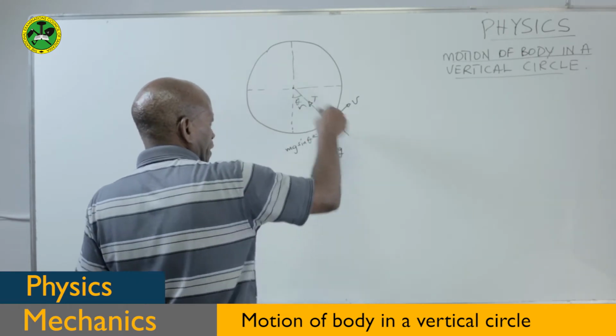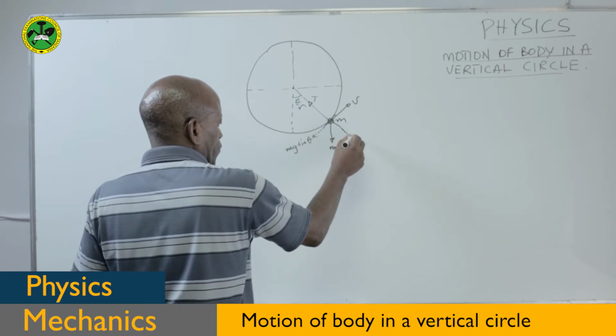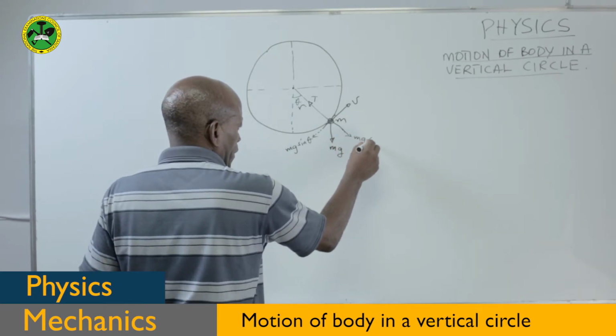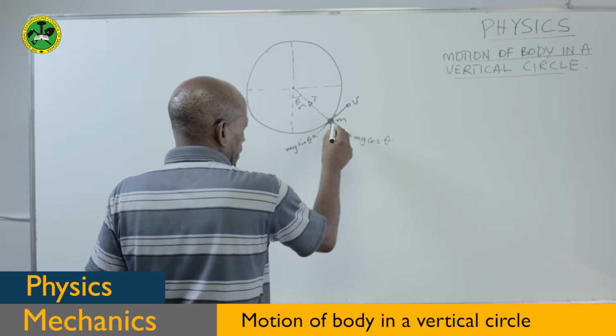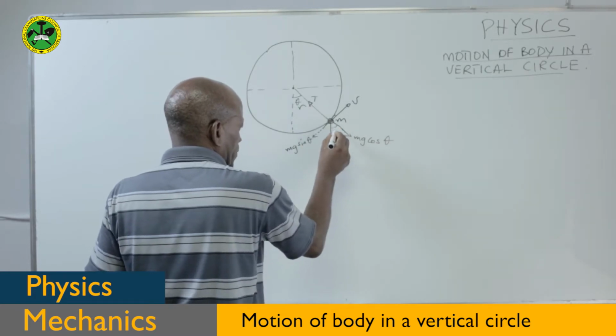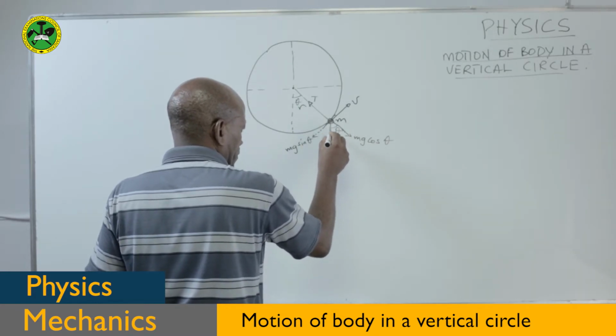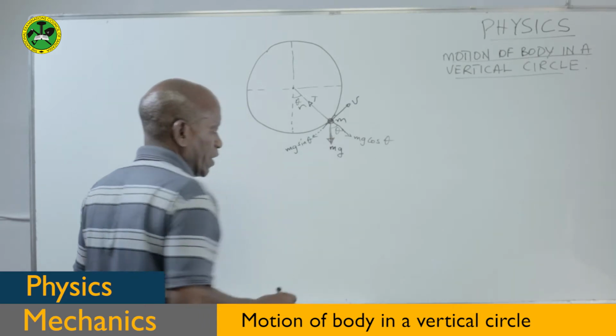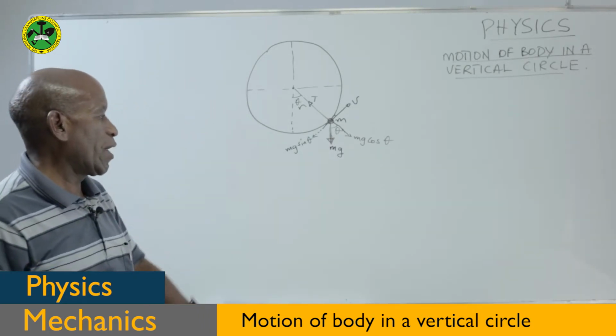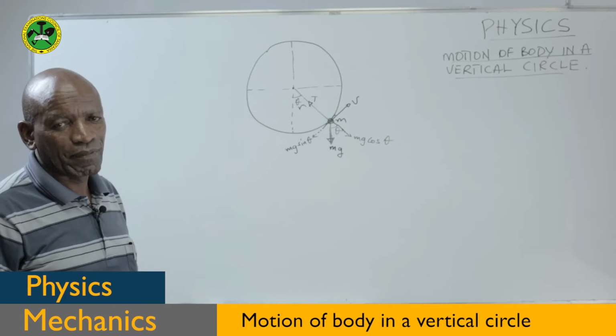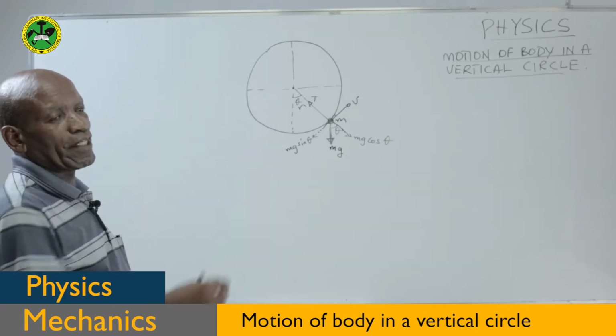Along the string, it will be equal to mg cos theta, because this angle from geometry will be the same as this angle, if I take this to be the direction of the weight acting perpendicularly downward. So this body can be moving in a circle.